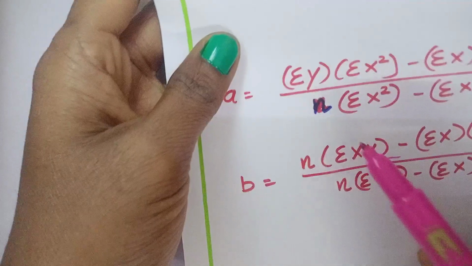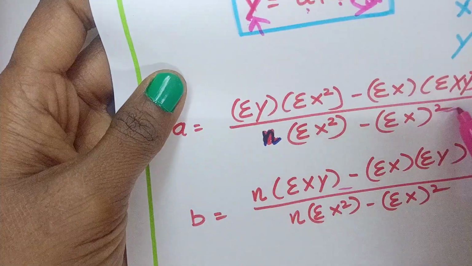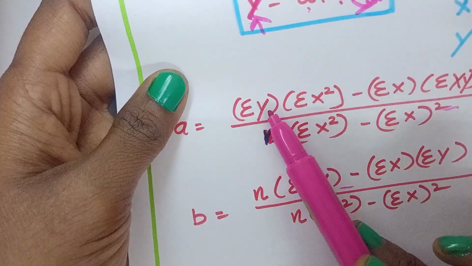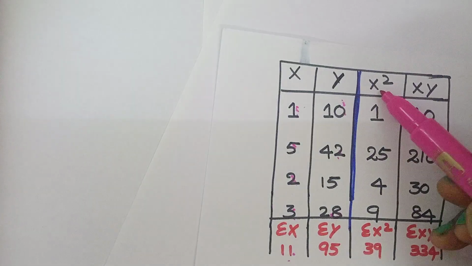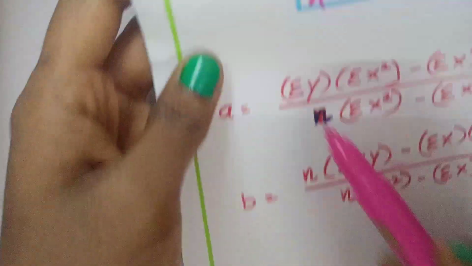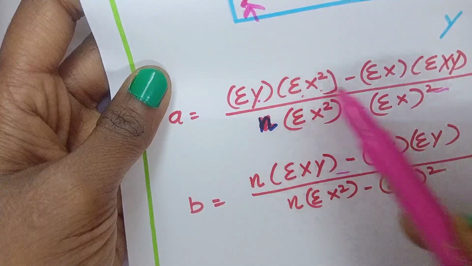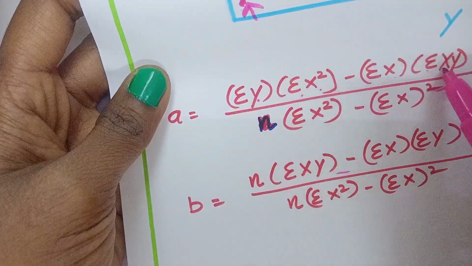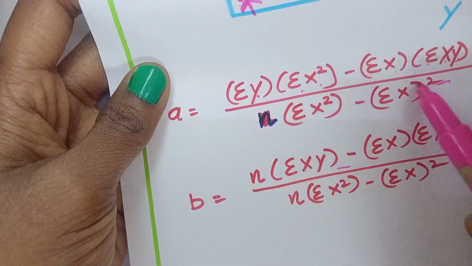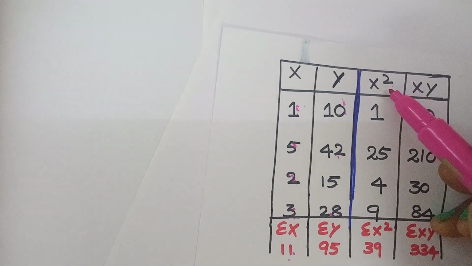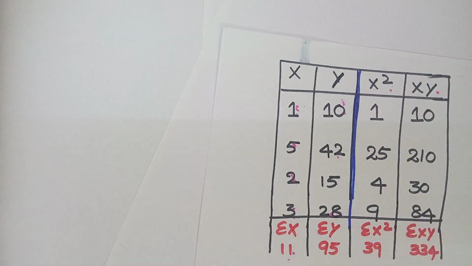To calculate a and b, these are the formulas. In the a formula, if you observe, summation y, summation x square, summation x into y, summation x whole square, all this you need to calculate. So I am taking x square, x into y also.